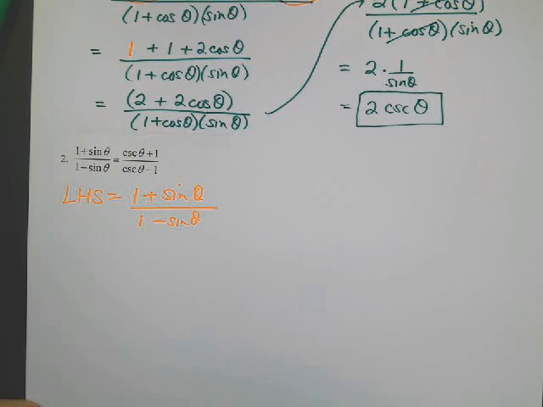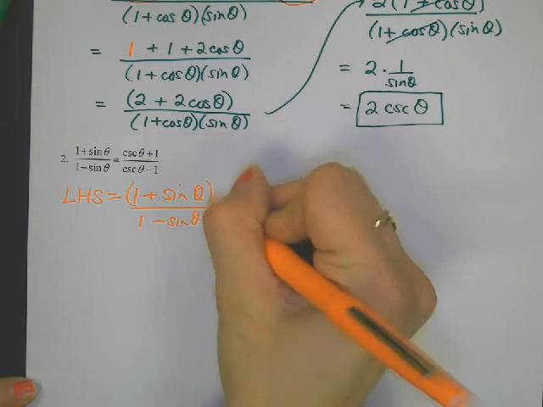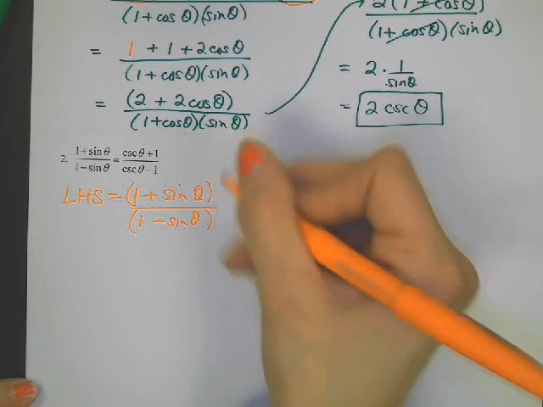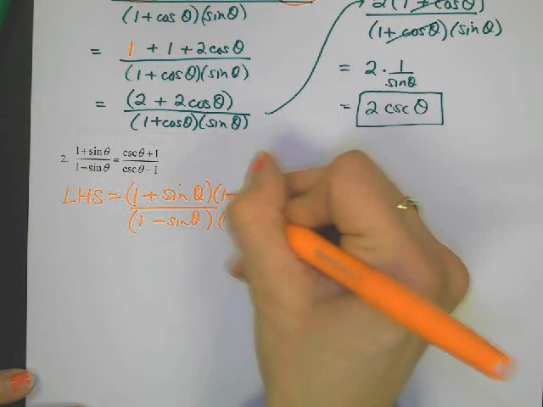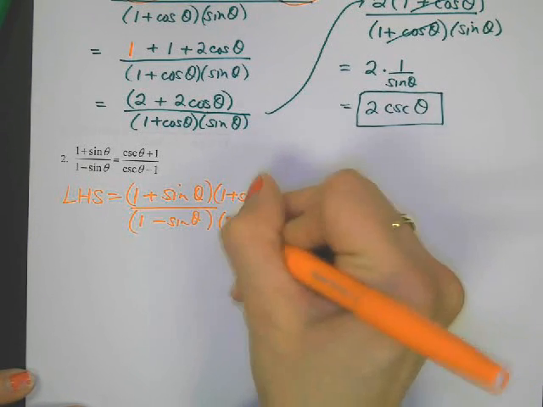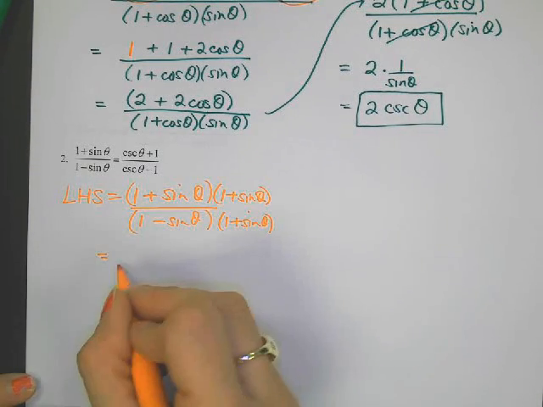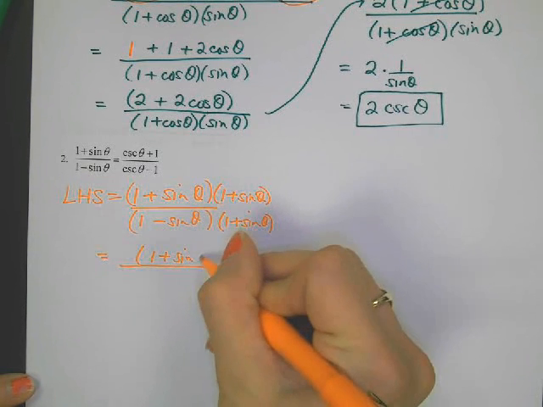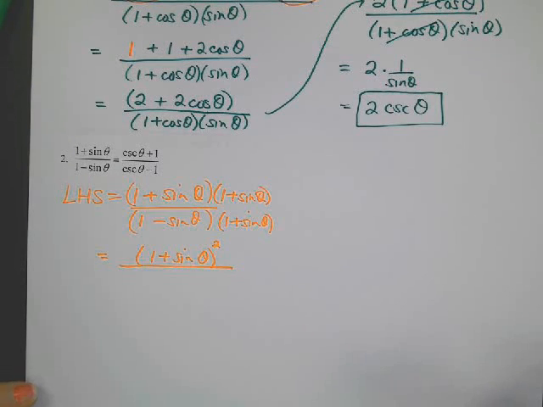Did I hear somebody say conjugates? Should we do the conjugate of the numerator or the denominator? I don't think it really matters. I'll multiply top and bottom. It's got to be the same. What you do to the top, you do to the bottom. I'll do 1 plus sine of theta for both of them. So I'm noticing that the numerator here is 1 plus sine of theta quantity squared.